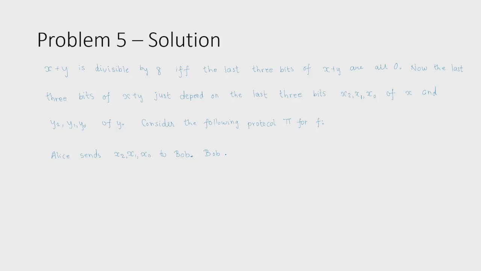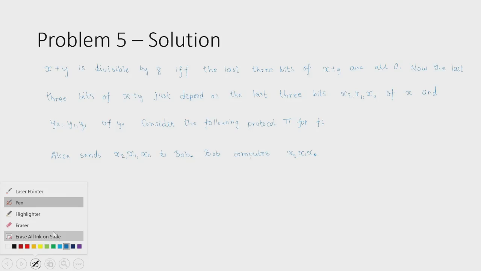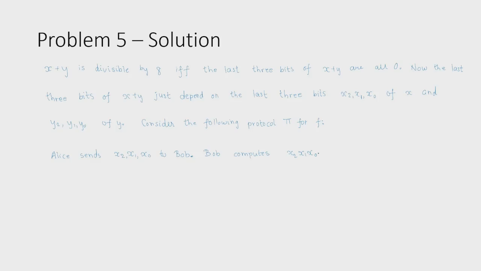Bob computes this number x2, x1, x0. When I write x2, x1, x0, I don't mean the product, but the number x2 x1 x0, plus y2, y1, y0. If this sum is 0, then, okay, what should Bob do?